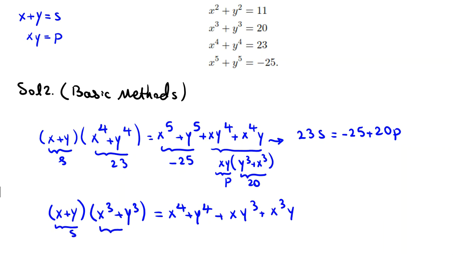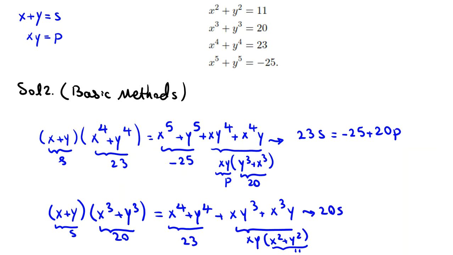This part will be s times x cubed plus y cubed, and here we can use 20. x to the 4 plus y to the 4 will be 23. Okay, we can factor out xy from the rest: xy times x squared plus y squared, which we know is 11. So if I simplify, 20s is 23 plus 11xy, which will be p.